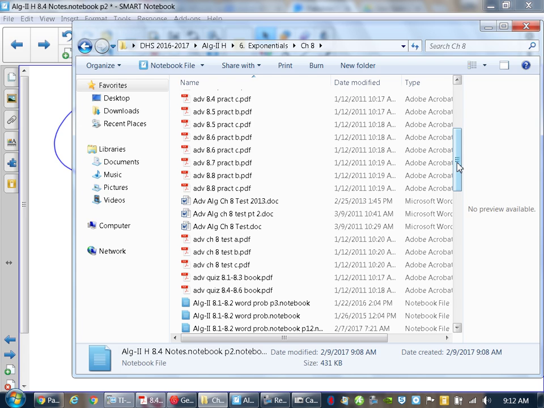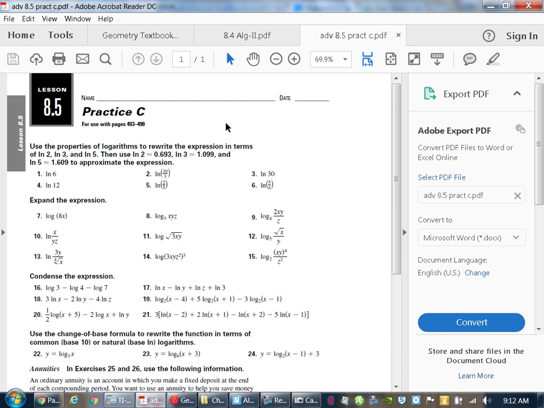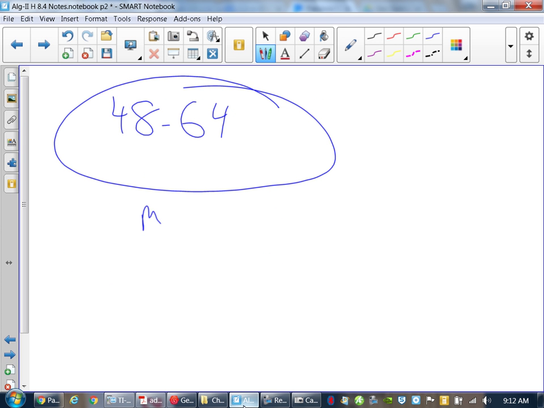Oh no, properties. We have to do properties of logarithms first, before we do equations. So Monday we'll do graphing. Tuesday and Wednesday, it's going to be at least 2 days for properties.